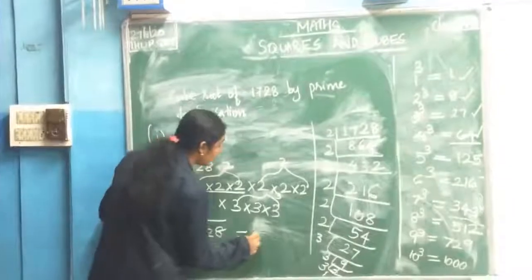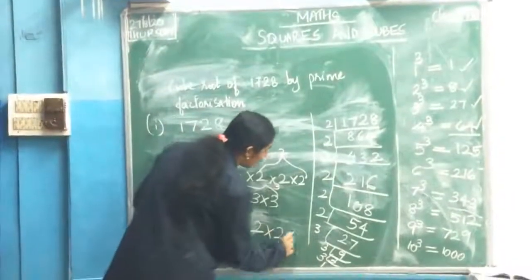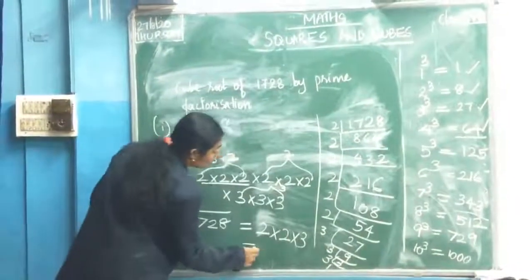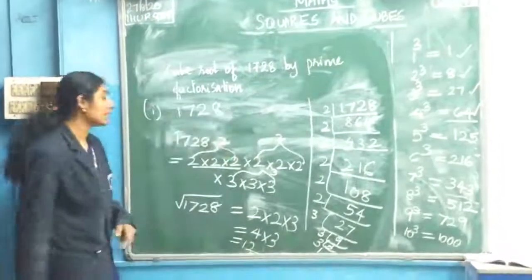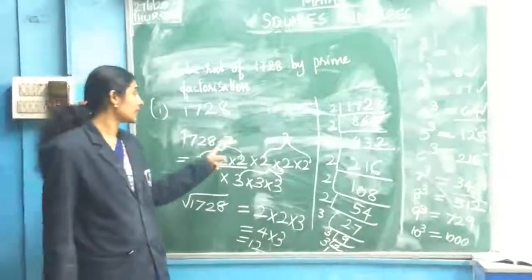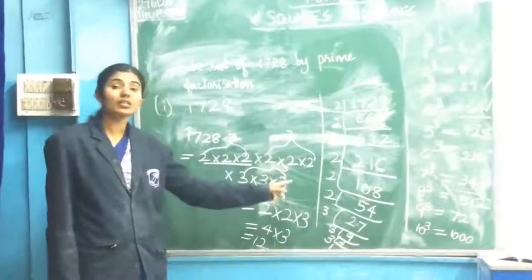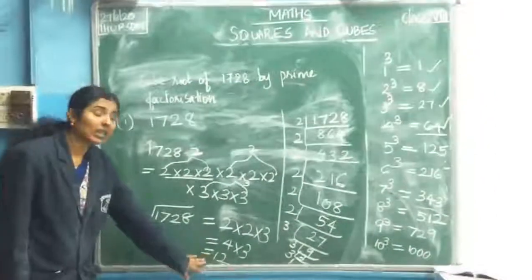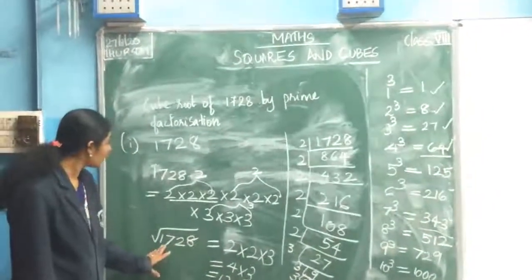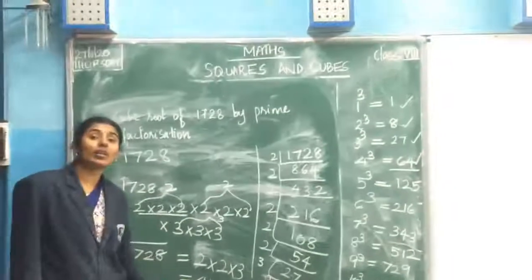By multiplying these numbers we will get the answer. What is the answer? 12 is the answer. 2 twos are 4, 4 threes are 12. So the cube root of 1728 is 12.